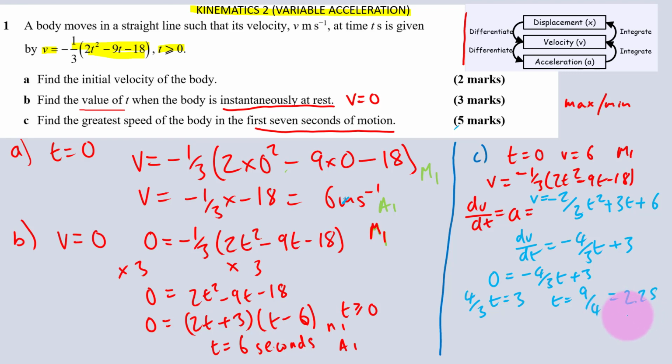So we just need to substitute this value into v equals, because that's our formula for velocity against time. So just substitute that value in correctly and you'll get v equals 75 over 8 meters per second, and that will give you an accuracy mark.